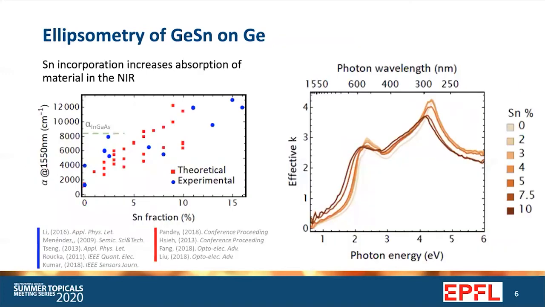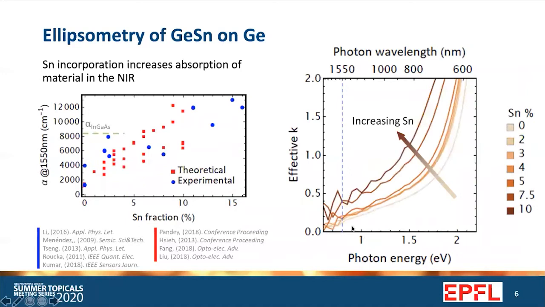If we look in the literature, we see that both experimental and theoretical values of the absorption coefficient for germanium tin at 1.55 micrometers increase as the tin fraction is increased. So we performed ellipsometry measurements on germanium tin grown on germanium with increasing tin content. Here we plot the imaginary part of the complex index of refraction, K, which determines the absorption coefficient, as a function of photon energy.